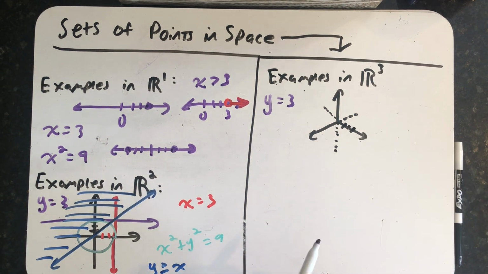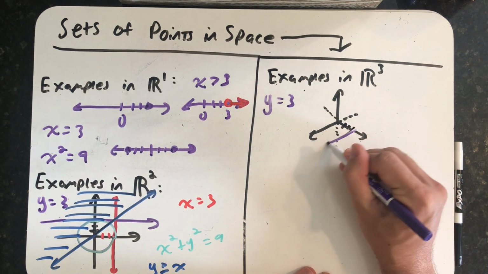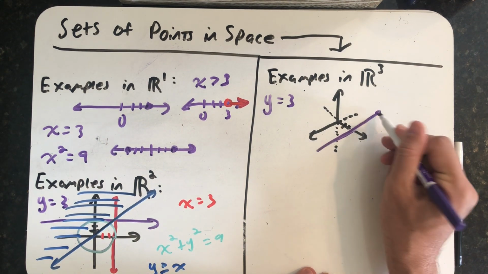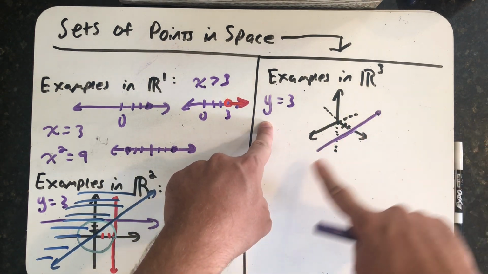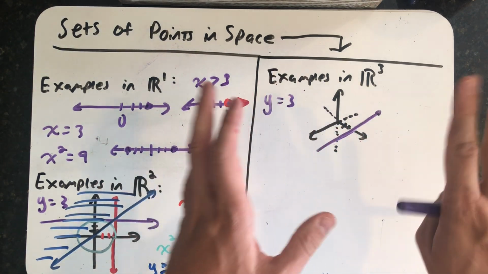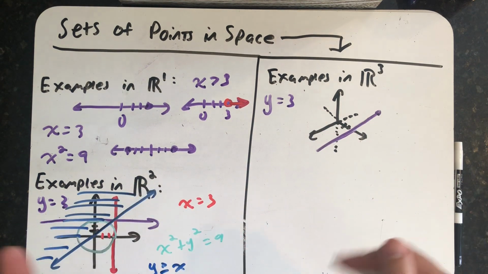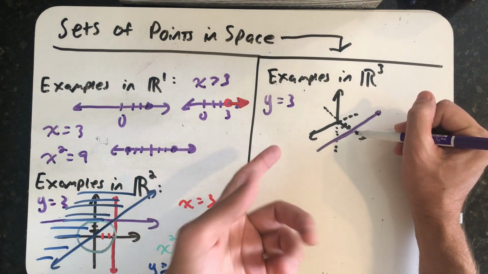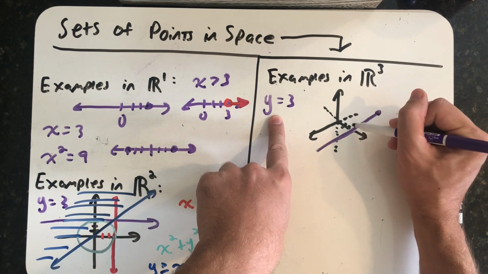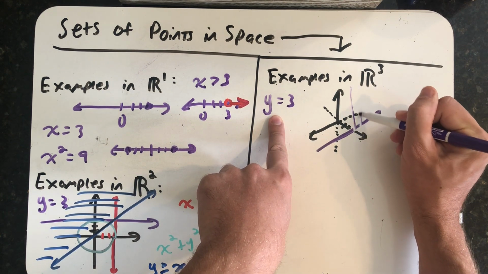And so I could think about that line that would be in the xy plane. And that would be all the spots where y is equal to 3 and x didn't matter what it was, but z is definitely 0 in the xy plane. And so what I realize now is x and y get to vary. So instead of getting just this line, I get a plane.